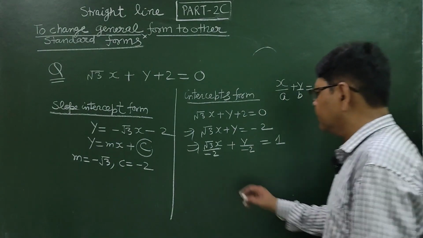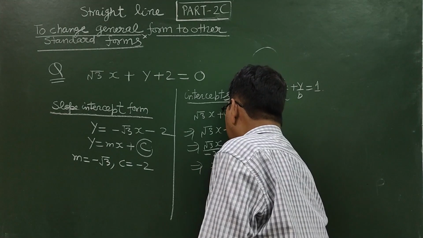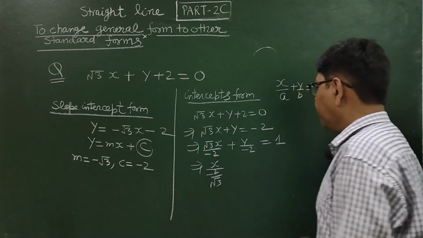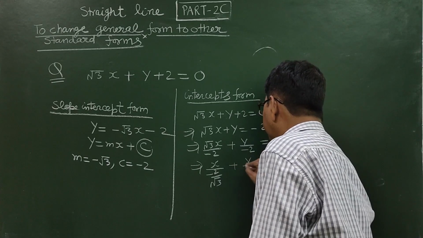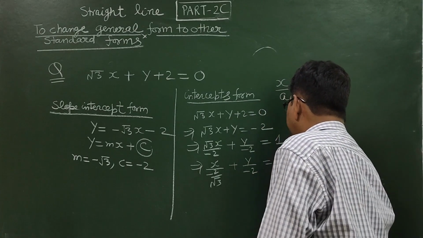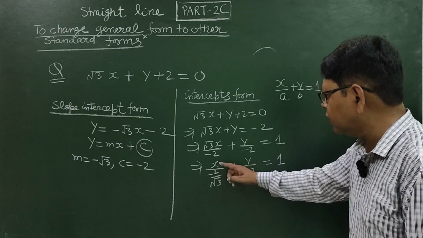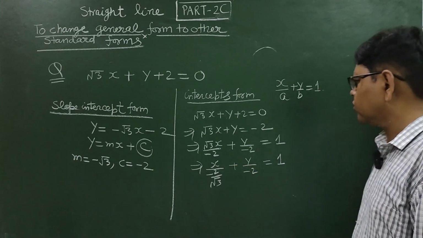I can further write this as x upon minus 2 upon root 3 plus y upon minus 2 is equal to 1, because if you take the reciprocal of this, you get root 3x upon minus 2.